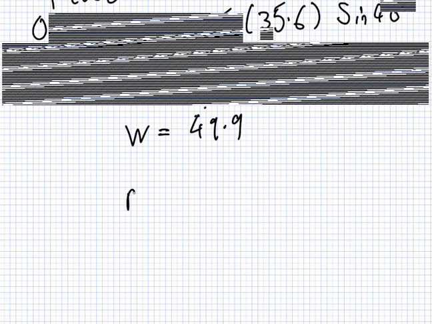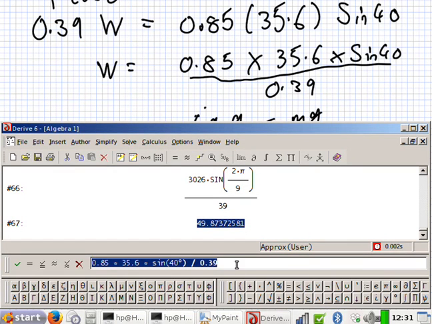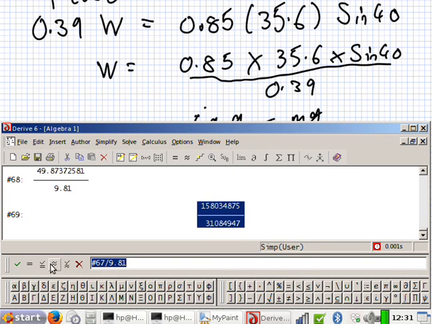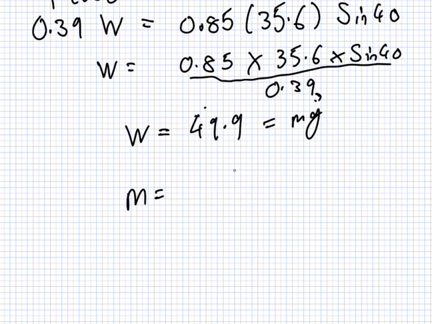So then the mass equals, because this is equal to mg, I just divide by 9.81. 5.03 kilograms.